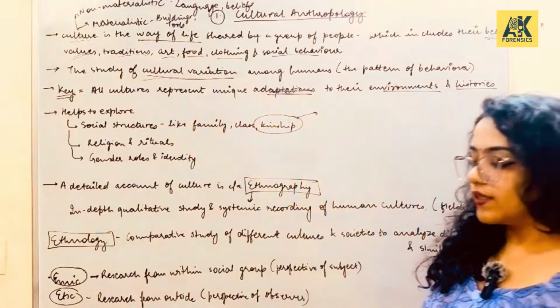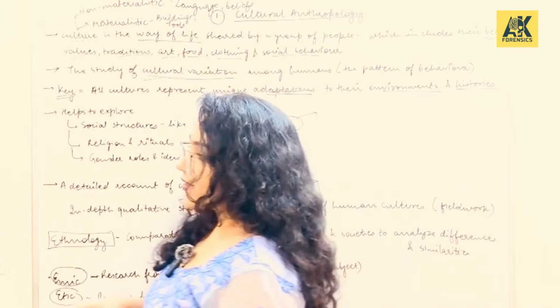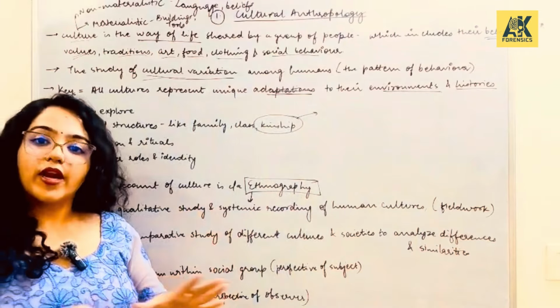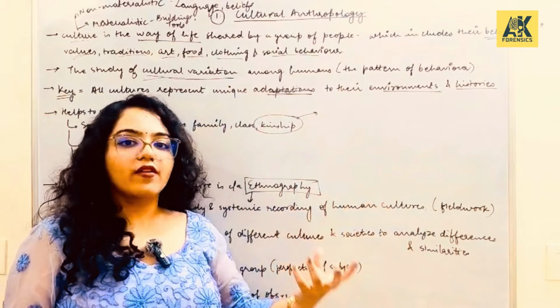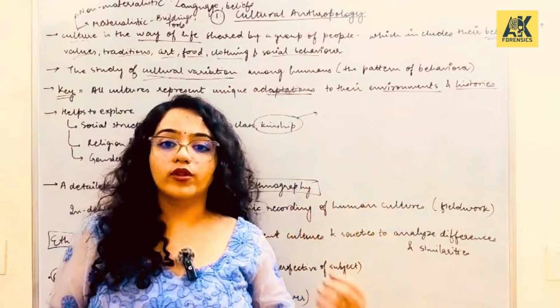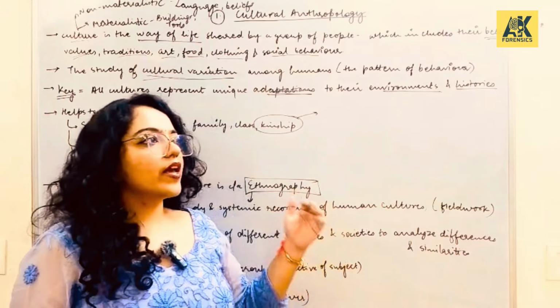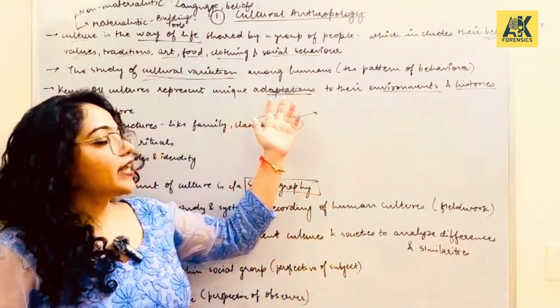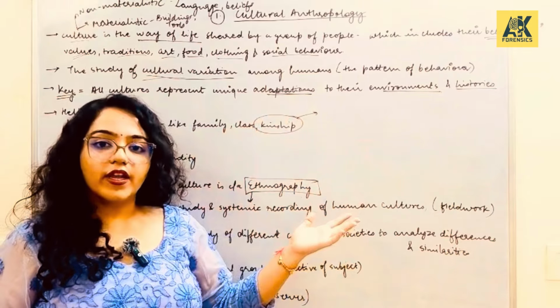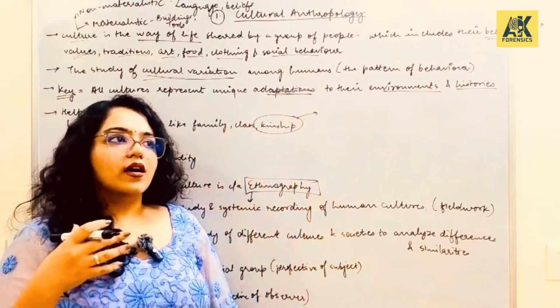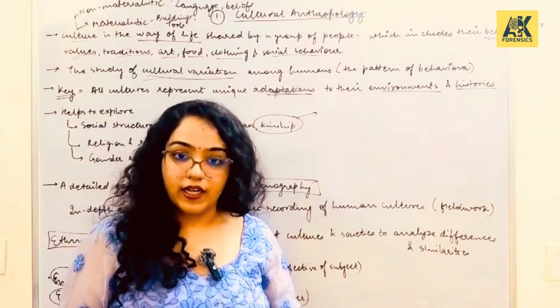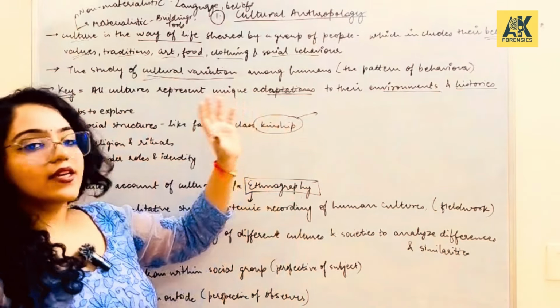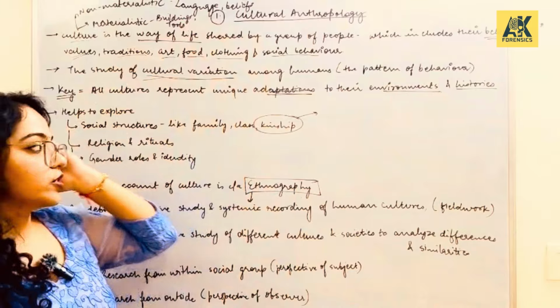Since human beings have been divided and spread to different continents, they have been living separately, and how they have evolved to grow themselves, how they have adapted to the different environments, and how that has changed the way they are living currently, right? So this is the key idea of cultural anthropology.